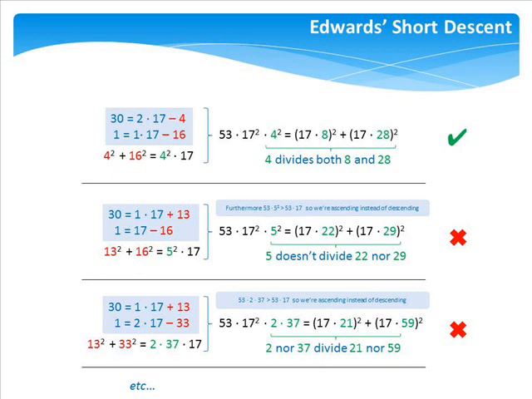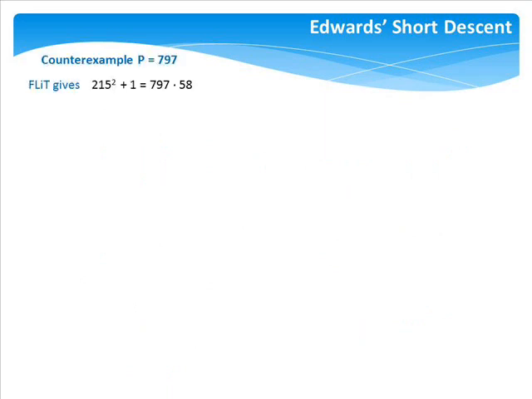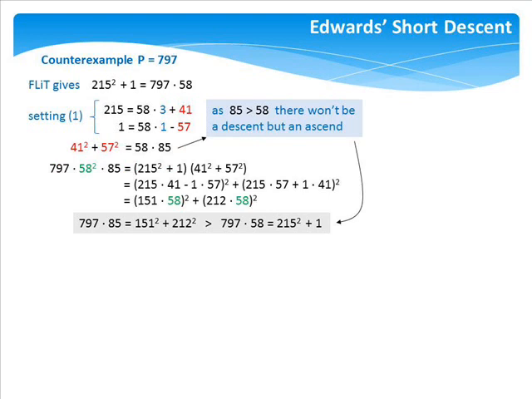The bad news is that Edwards' short descent method hits a roadblock with some numbers. Next, we'll see prime 797 as a counterexample. Fermat's little theorem gives us an initial equation. Setting 215 and 1 in forms that minimize the residues modulo 58 gives this.